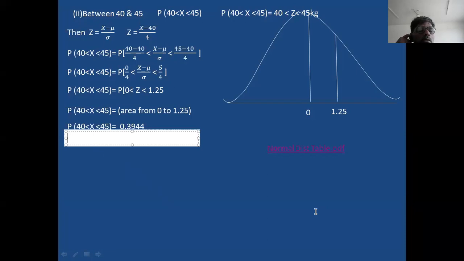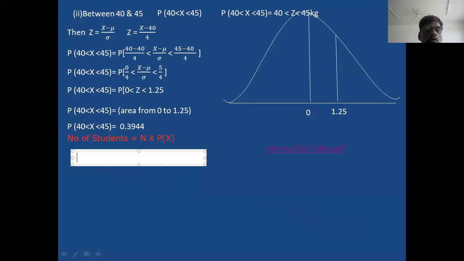The number of students is equal to n into probability of x.